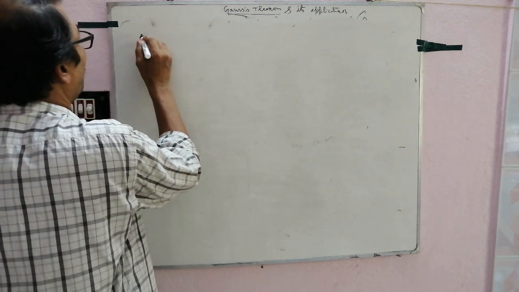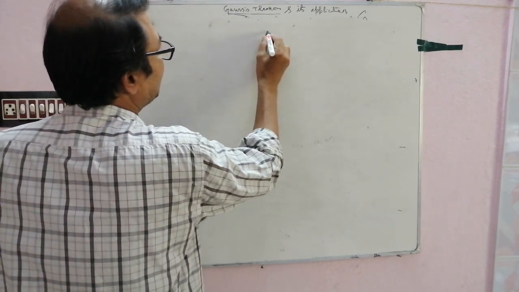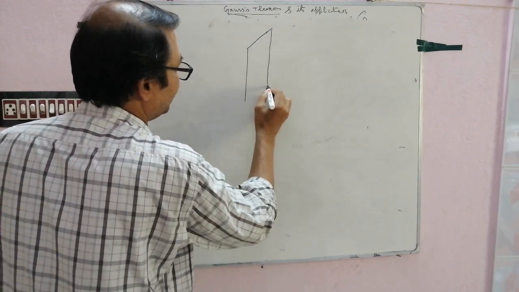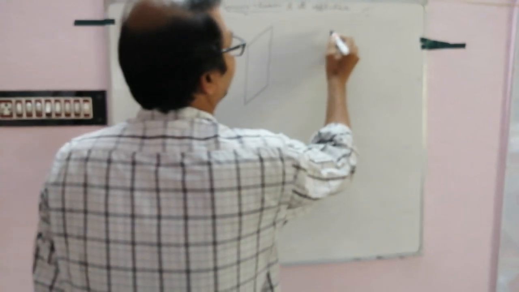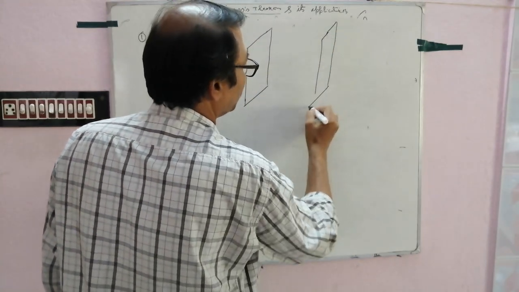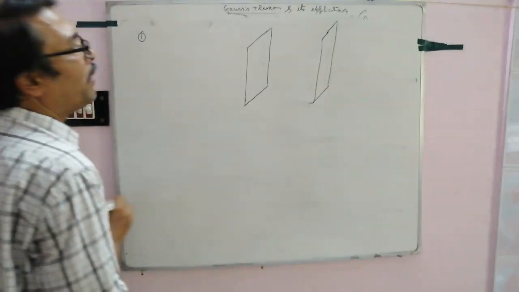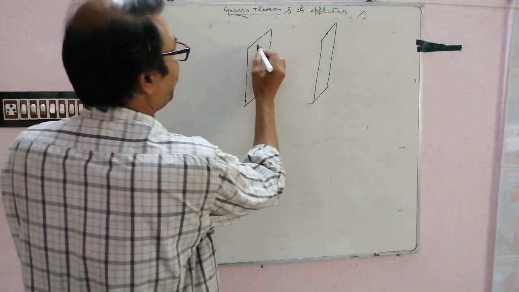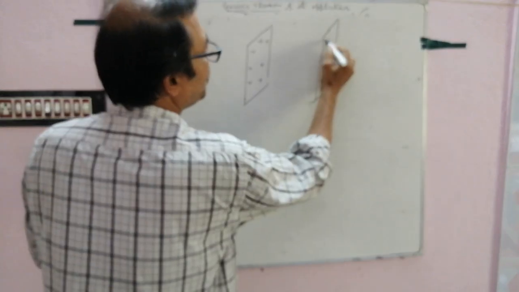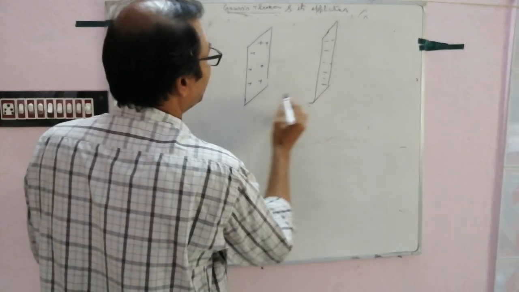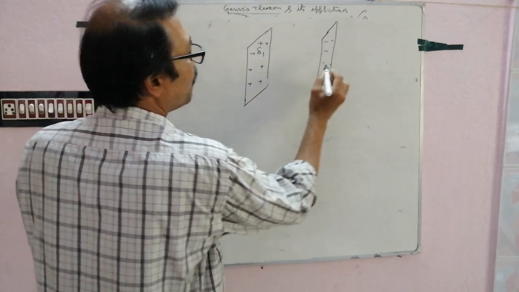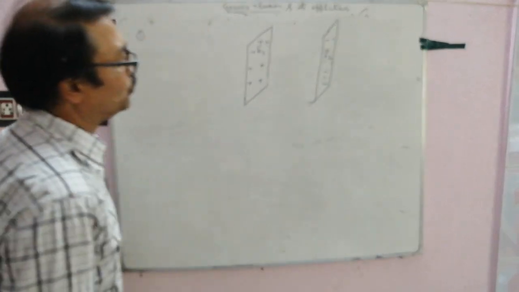Note, problem number 1: this is a thin charge sheet, and this is another thin charge sheet. This is the plus charge, this is the minus charge. The surface density of charge here is sigma 1, here sigma 2.